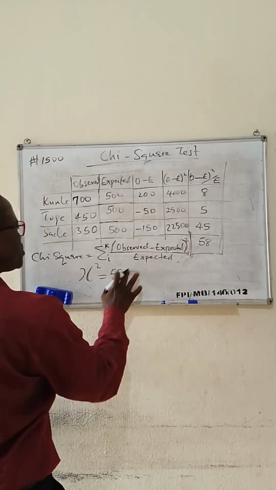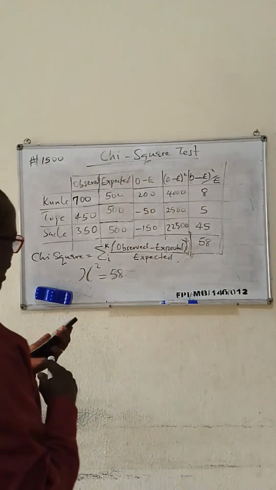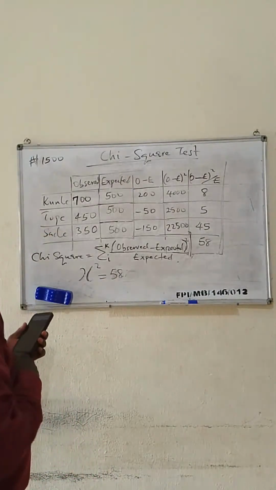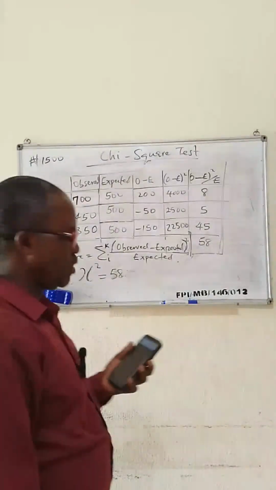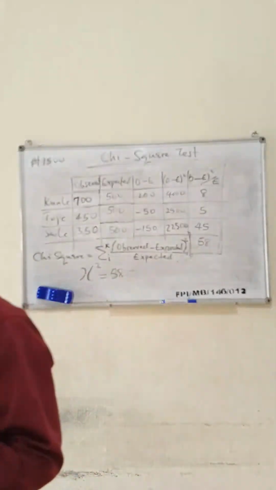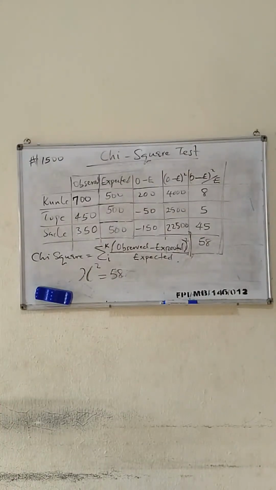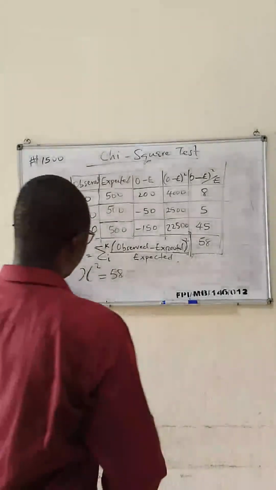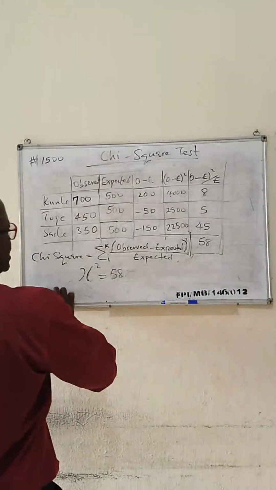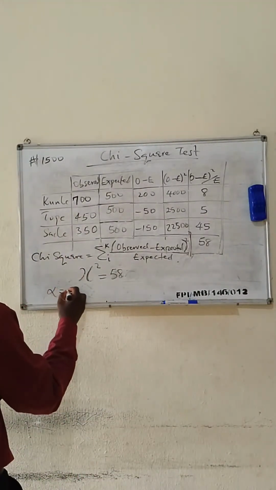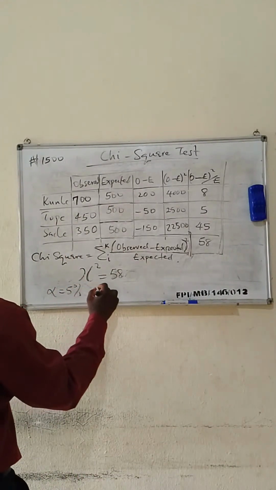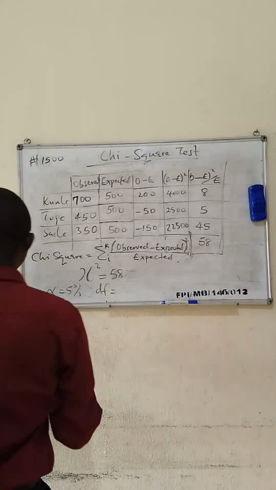So based on this, we can now go to the table and check the table value. When you are checking the table value for chi-square, we look at what we call the degree of freedom. Let's say we're still using alpha of 5%. What is our DF?